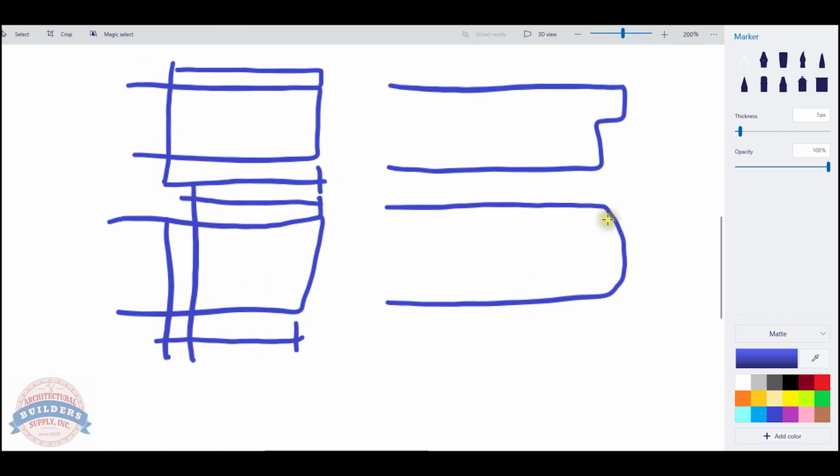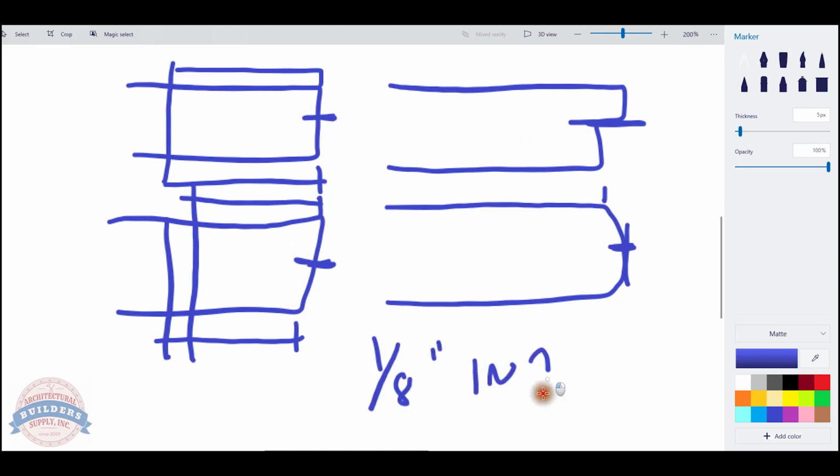Okay. What's the backside of this door? Is it here? Is it here? Turns out it's whatever the center line of the door is. That's what it is. It's also really important to know that they define the bevel as 1/8 in 2. So for every 2 inches of door thickness, the distance from this point to this point is 1/8 of an inch.